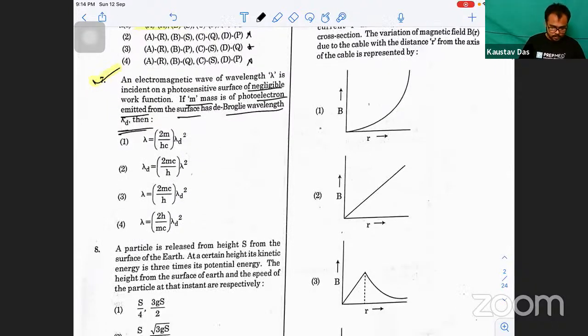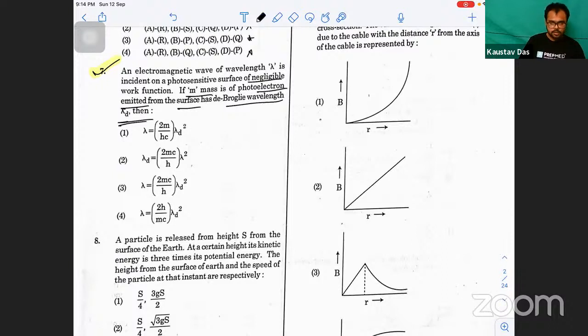You know that the kinetic energy associated with the photoelectron is expressed as E equals hc by lambda, where lambda is the wavelength of the incident wave. We can also write from the de Broglie hypothesis that lambda d is h by p, which can be written as h by root over 2mE in terms of kinetic energy.